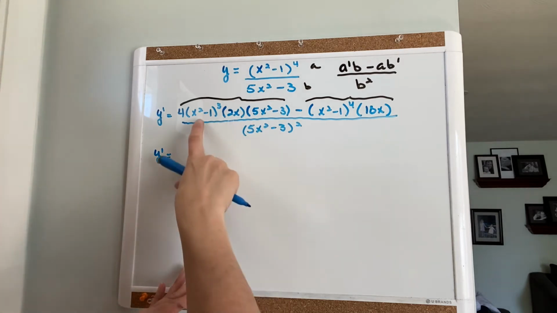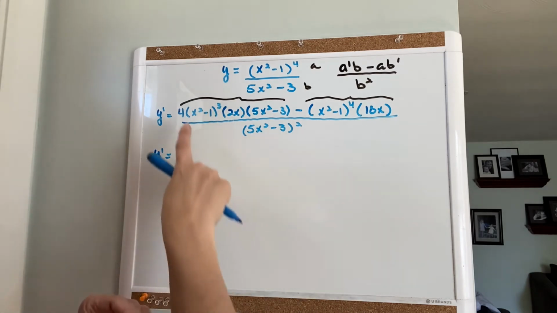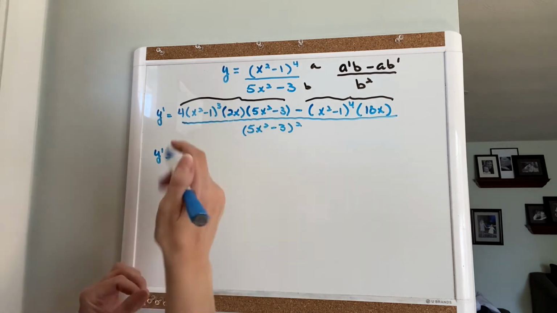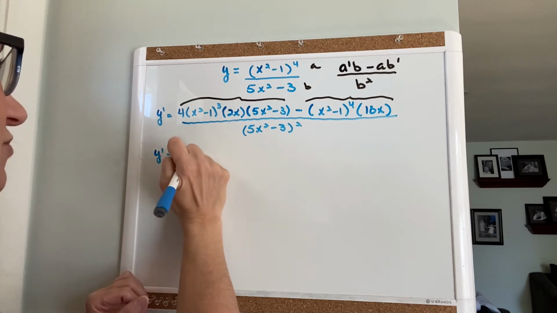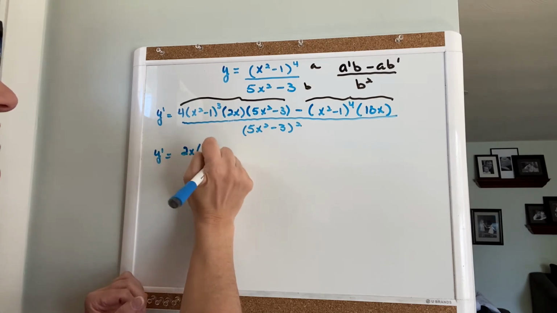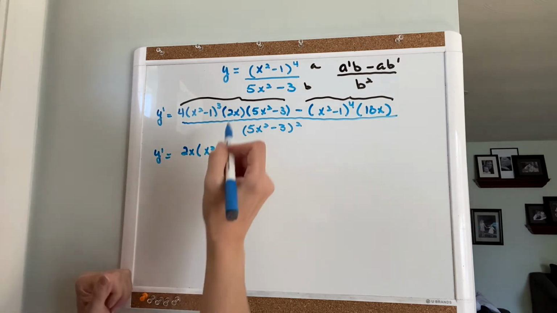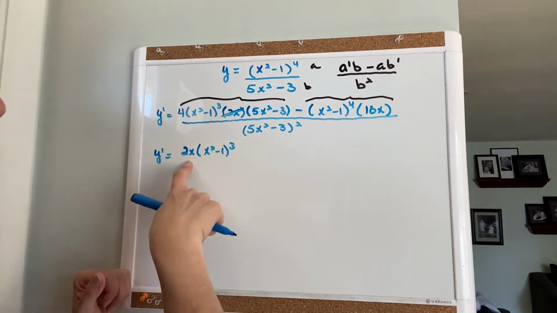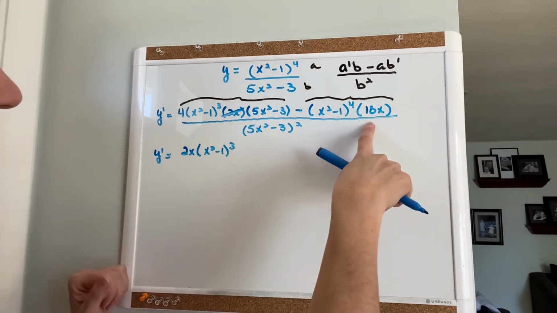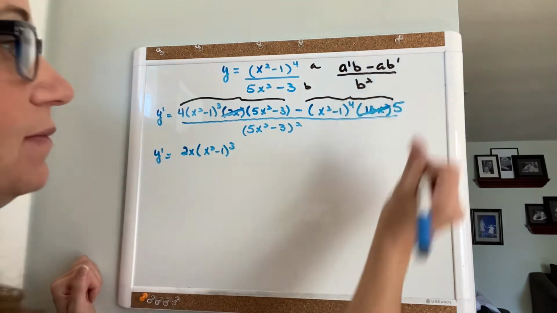So not only is x squared minus 1 to the third common to both terms, so is 2x. So I'm going to factor out 2x and x squared minus 1 to the third from both terms. So that means this 2x came out, and 10x, if I factor out 2x, is going to just become 5.